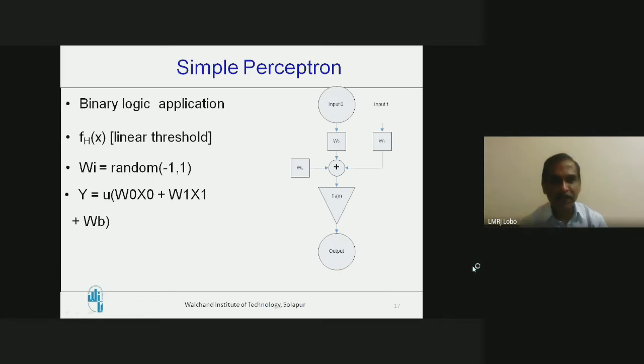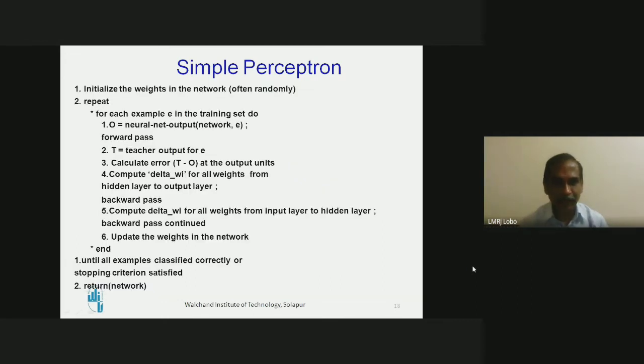So it generates at the output a 0 or a 1, dividing it into two classes for classification, and hence we can use neural networks for classification. So this is how a simple perceptron works.